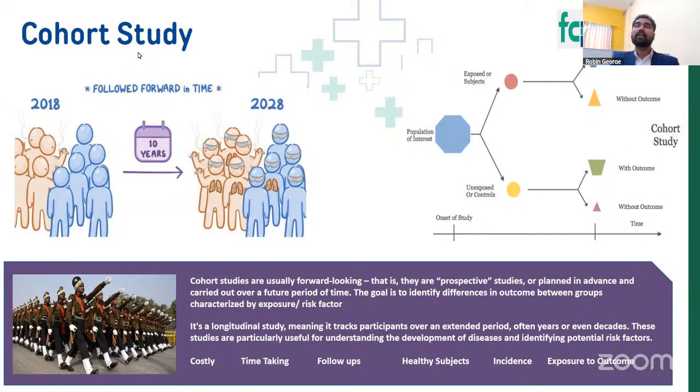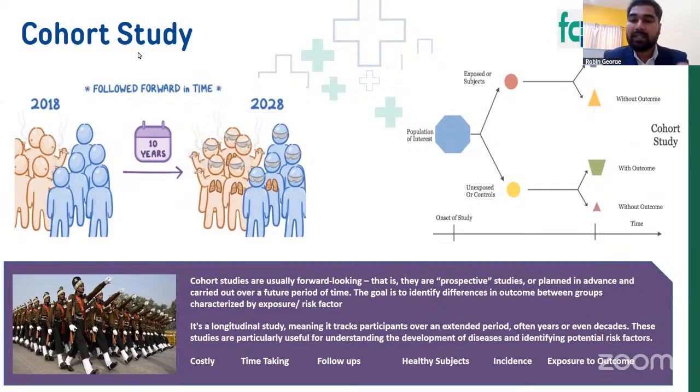So in a cohort study, what do we do? In the cross-sectional study I have told you already that there are old cases as well as new cases. Some may be newly diagnosed, some may be already diagnosed, some may have had diabetes for many years. But coming to the cohort study, we take all healthy volunteers.